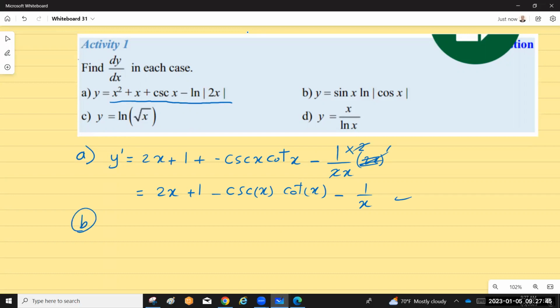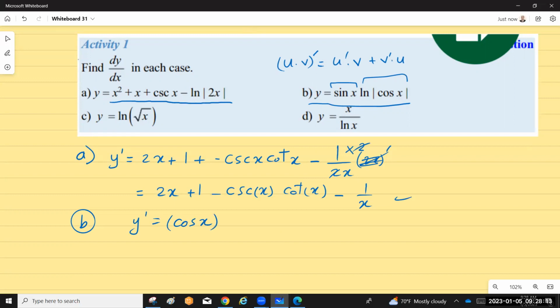B, this one, sine x len cosine x, is a product of two functions like this. So you can apply u times v, derivative of a product of two functions: u prime v plus v prime u. The derivative of sine is cosine x, so dy by dx is cosine x. When you derive the first one, just multiply by the second one, len cosine x.